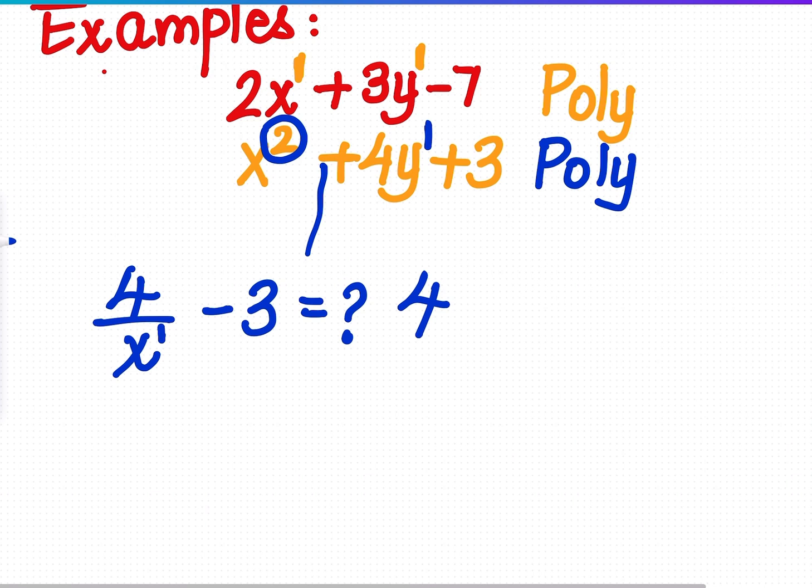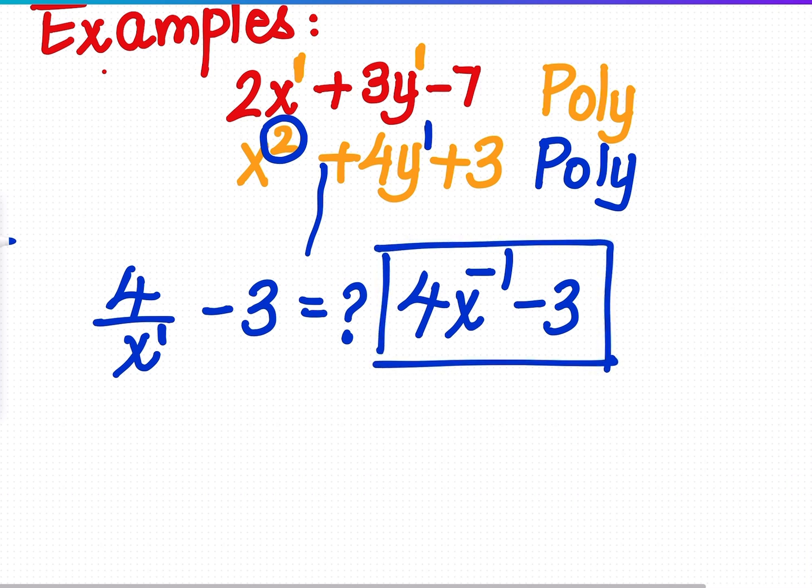It's at the bottom with power positive 1. There is a rule of exponents that wherever it's at the bottom with the power positive 1, I take it to the top and I can make the power negative 1, in order to see what the actual power is and then make my decision about whether it's a polynomial or not. So here I can say that this is how my expression is looking.